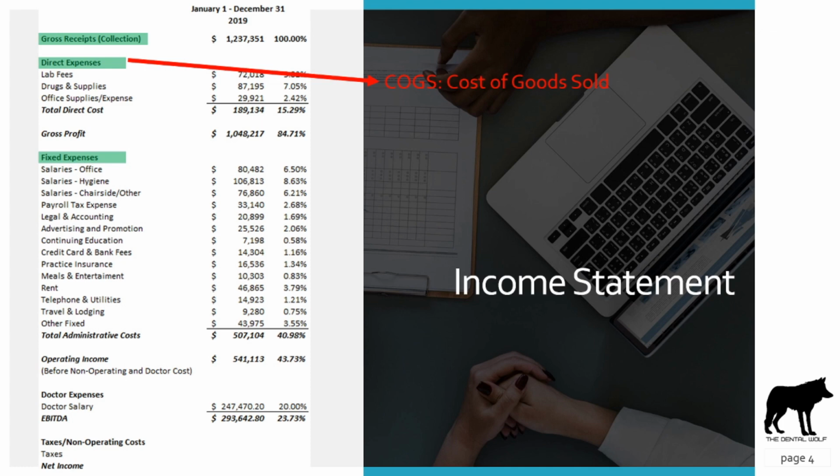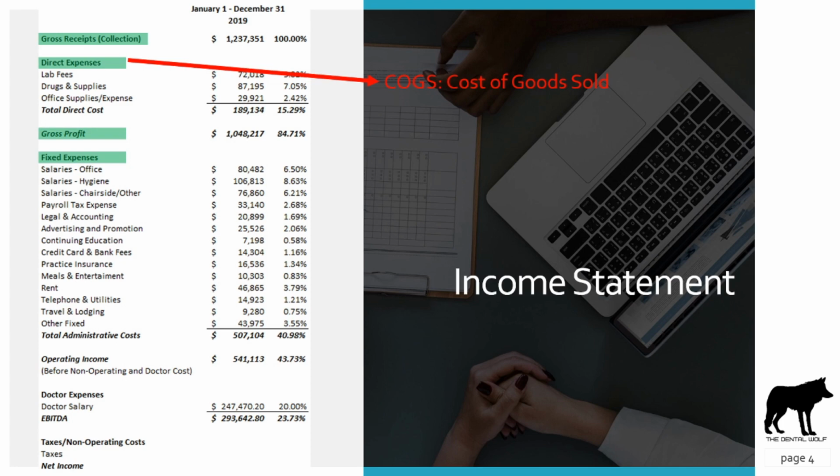As you can see, a dental practice has a lot of fixed expenses, things that won't change, and their direct expenses are minimal. So this is what's going to supply the field of dentistry with what we call an economy of scale. Economy of scale is just a really fancy way of saying that the more you produce, the smaller your expenses are as a percentage.